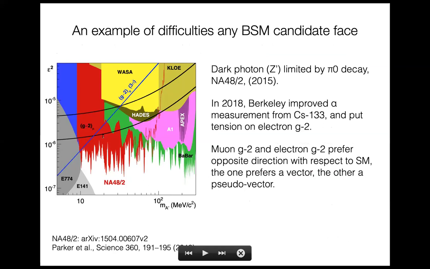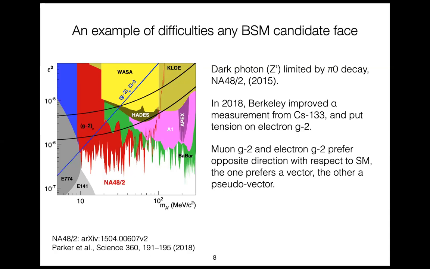That's the red tiers here that pretty much closed the last remaining window for the g-2 to live. And also, there's a new Berkeley measurement of running alpha. It's so accurate that it puts tension on the electron g-2 value.